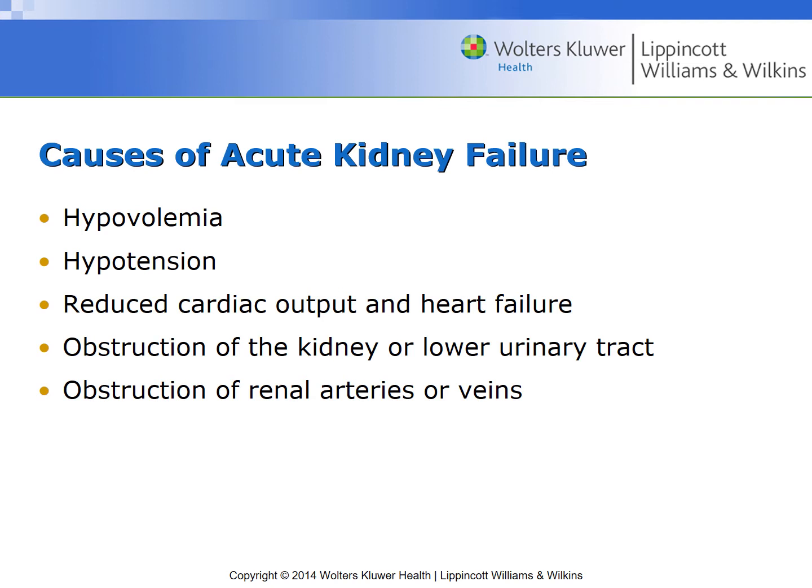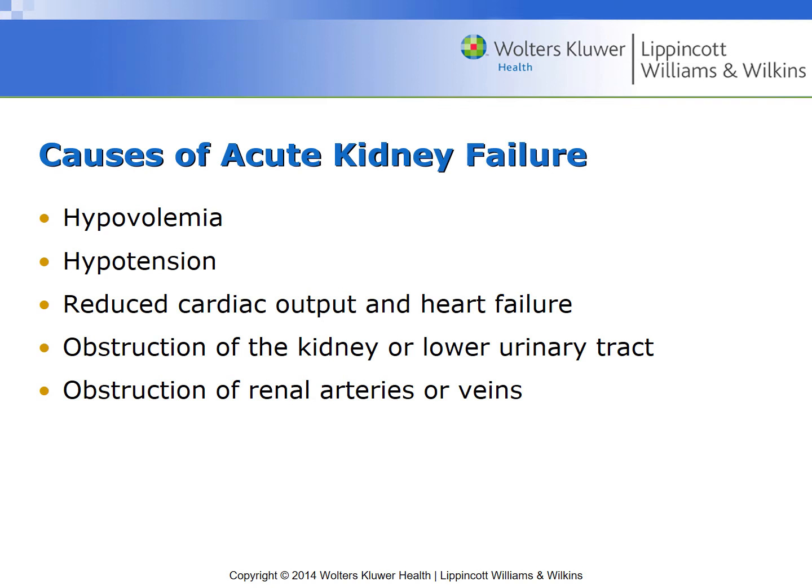Also reduced cardiac output and heart failure, because 25%, as a matter of fact, of the cardiac output is used for renal function. So when we have a reduced cardiac output, that's going to cause a reduced blood flow to the kidneys and cause us problems.